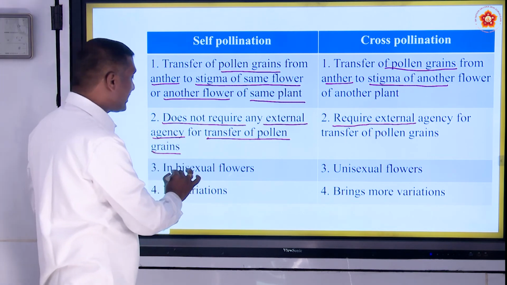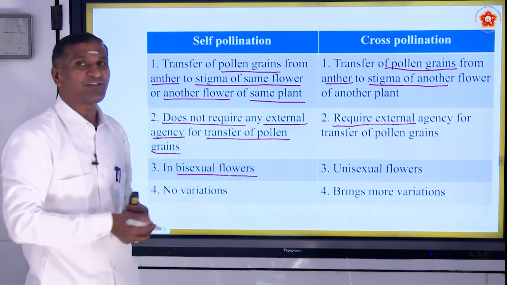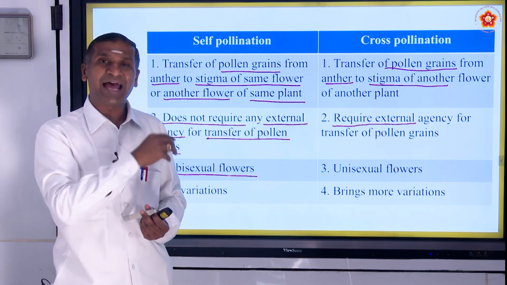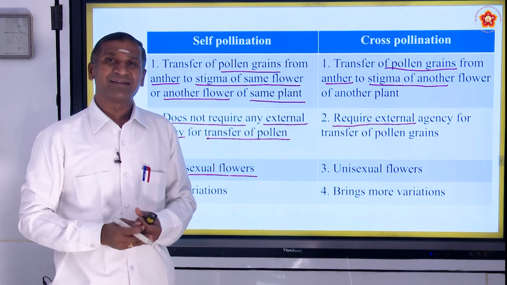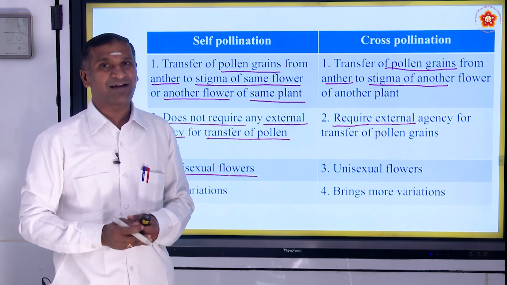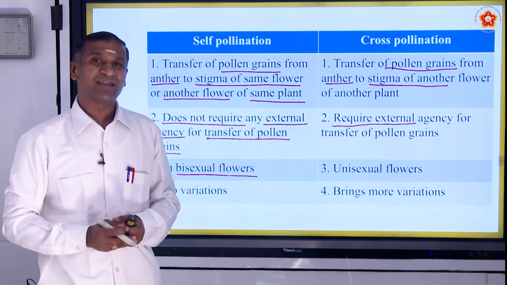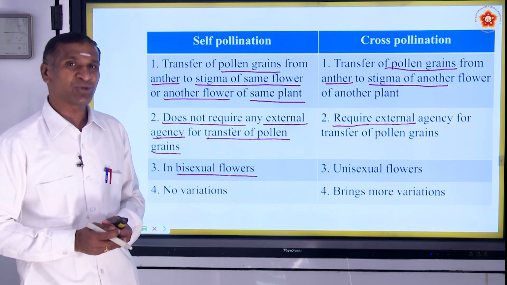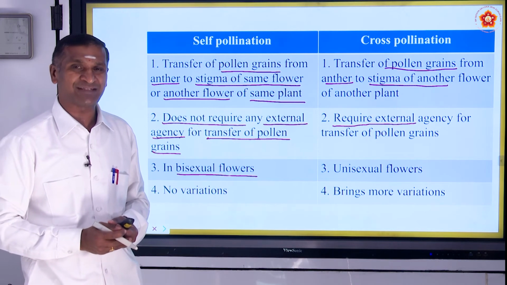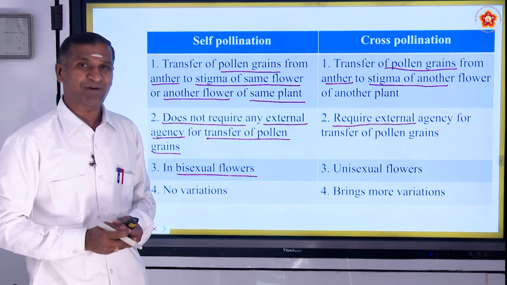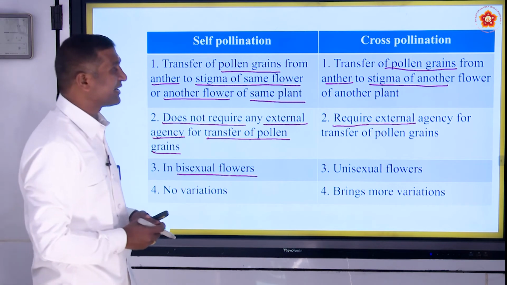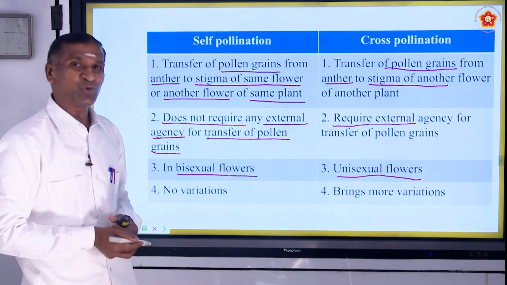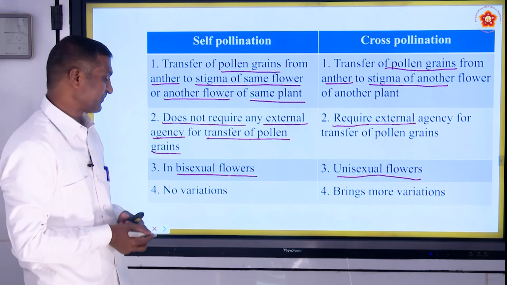Self-pollination occurs in bisexual flowers, because both the male and the female parts of a flower are found in the same flower. Hence we call such flowers bisexual flowers. So self-pollination is carried out in bisexual flowers, whereas cross-pollination is carried out in unisexual flowers.